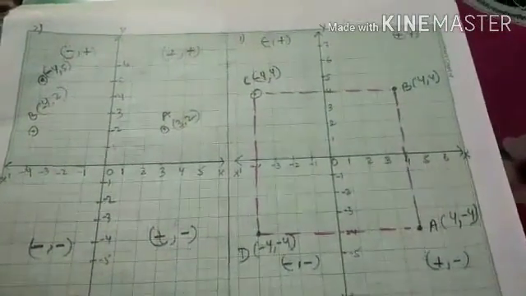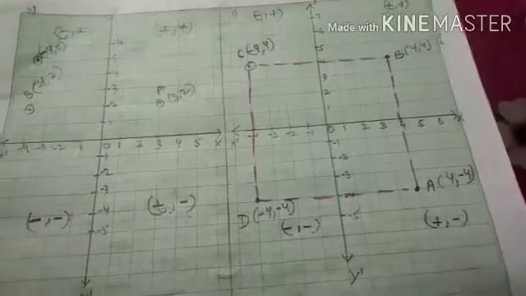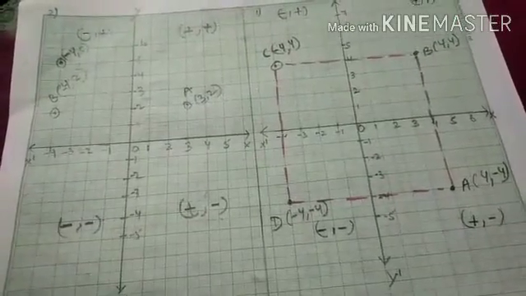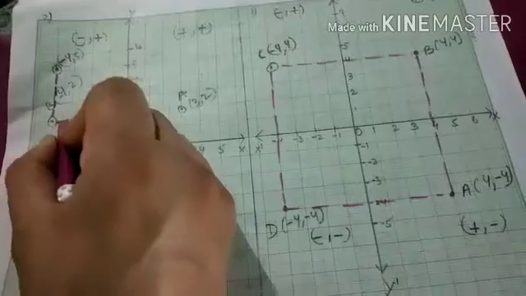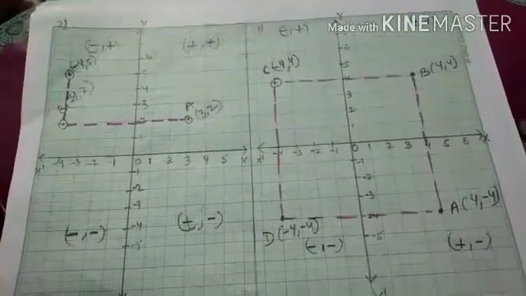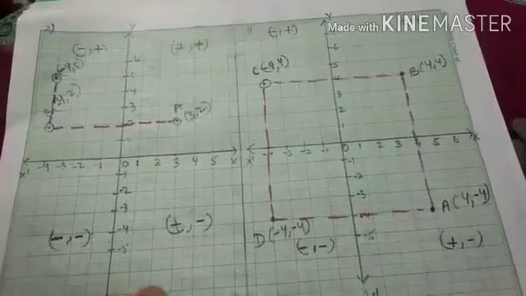Now we need to find out the fourth vertex here. Join these vertices like this. Now this is a rectangle.